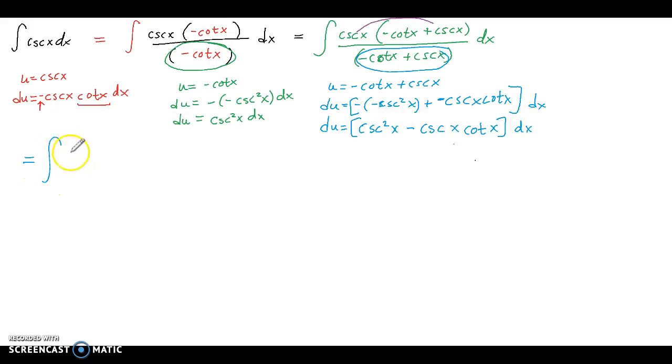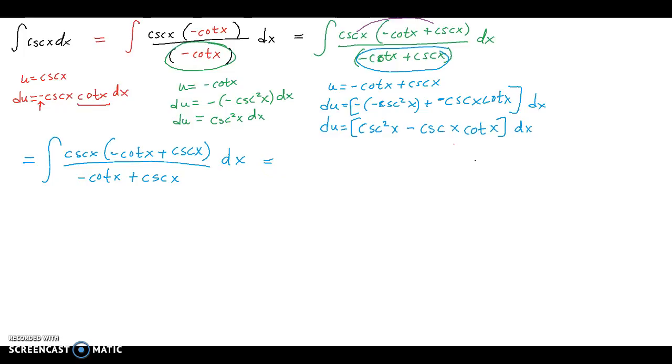Alright, let's see if I rewrite that, if that turns into an easier way to look at the function. So if I integrate cosecant x times the quantity of negative cotangent x plus cosecant x, all over negative cotangent x plus cosecant x.